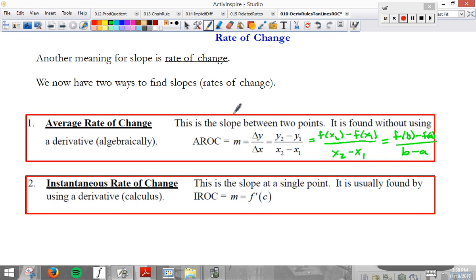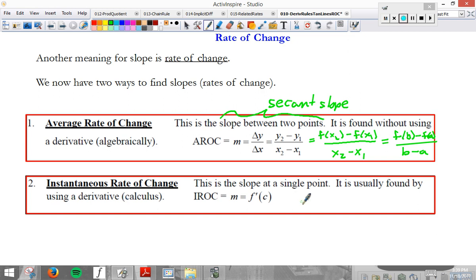The slope between 2 points, we would also maybe call that the secant slope. The slope of a secant line. Instantaneous rate of change will be the slope at a single point. It's usually found by using a derivative or a calculus type technique.